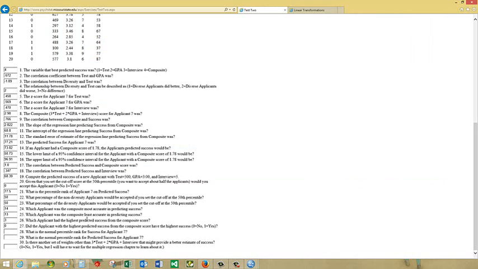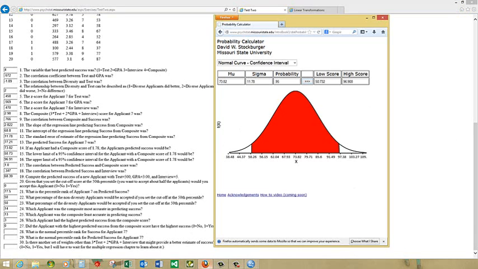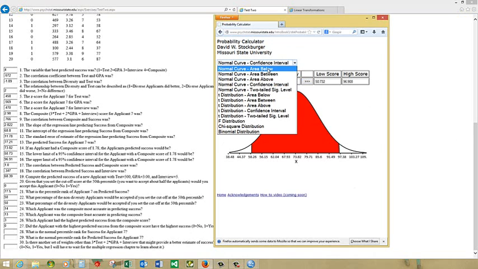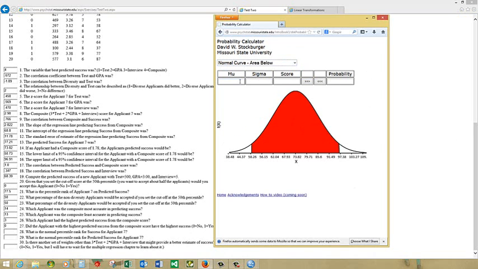What is the normal percentile rank of success for applicant 7? All right, we'll go back to our probability calculator. Now we're going to look at area below, looking at success for applicant 7.